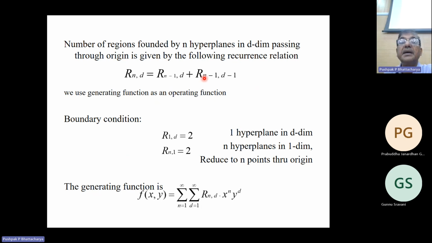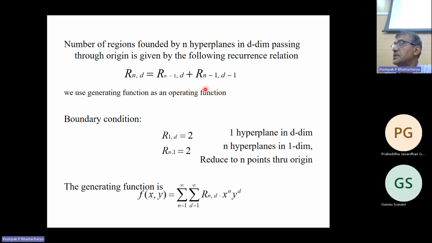Now the incoming hyperplane is of dimension d minus 1, and that is intersected by the existing n minus 1 hyperplanes. So the expression for these must be R(n-1, d-1). Okay, so this is the recurrence relation.